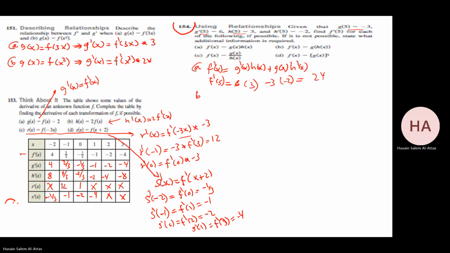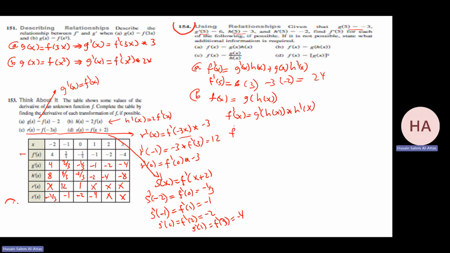B, I have f of x equals g of h of x. G at h of x. So f prime at x will be g prime at h of x times h prime at x. Chain rule.